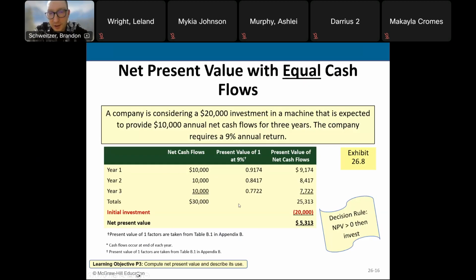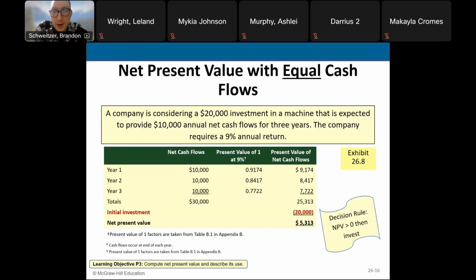You'll notice that it says 9% at a present value of 1. This is taken from a table, okay? We call it the present value table. And so we factor it at a number of 1. The reason why we do that is because 1 is expressed as, we'll say, the whole percent, right?